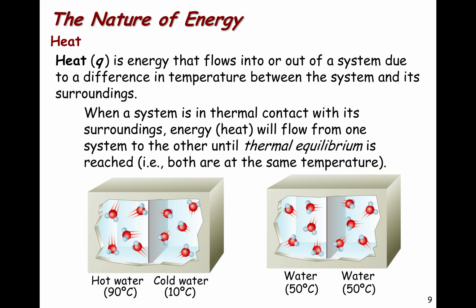So eventually the two systems will come to some sort of equilibrium, and therefore all the molecules within both systems will be moving on average at the same speed, and as a result we'll have the same average kinetic energy, which is what we define temperature to be.